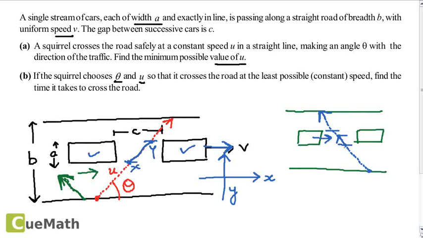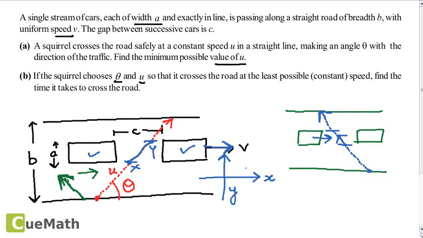That means it would have to move really fast to avoid a collision with the incoming car, really fast to traverse the risky part. Whereas what we require is the minimum possible velocity, the slowest possible speed of the squirrel. So we conclude that the squirrel's velocity's x component is parallel to the movement of the cars. So it will move somewhat like the red path I have drawn here.